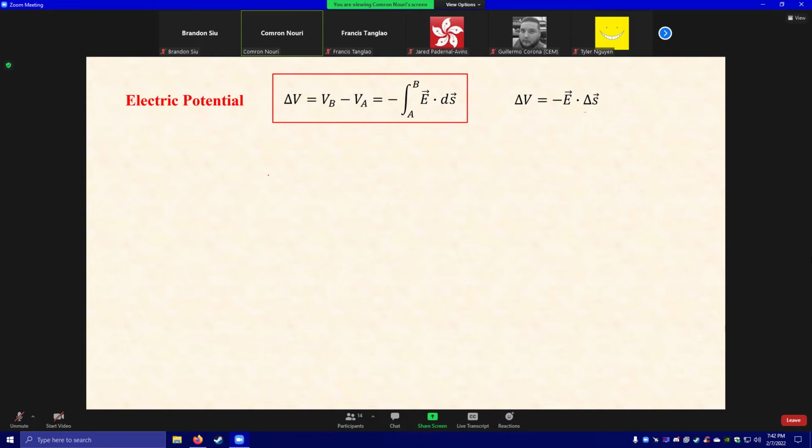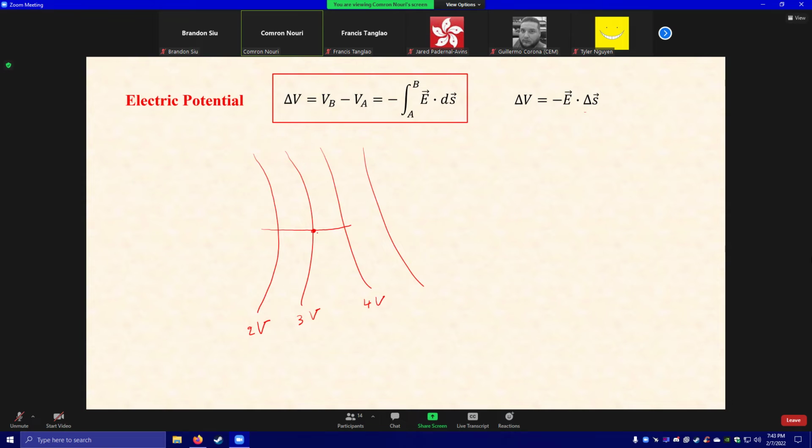So let's say you have some equipotentials. This is at 2 volts, this is 3 volts, this is 4 volts. And you're looking at some point here, and you can consider a field line passing through this point.